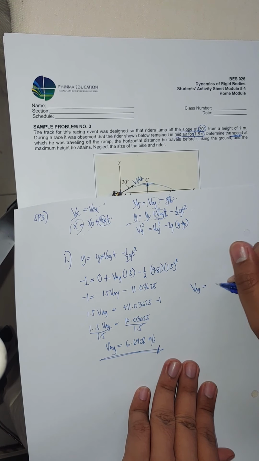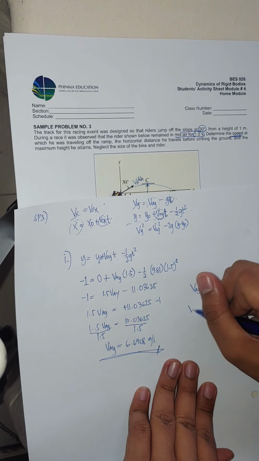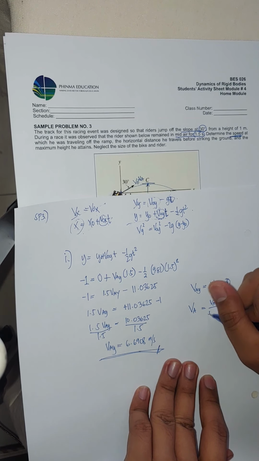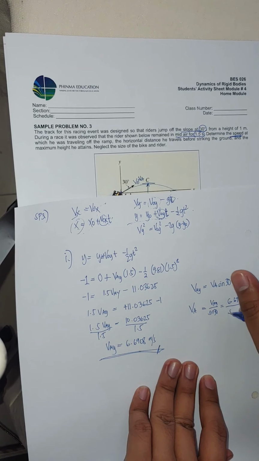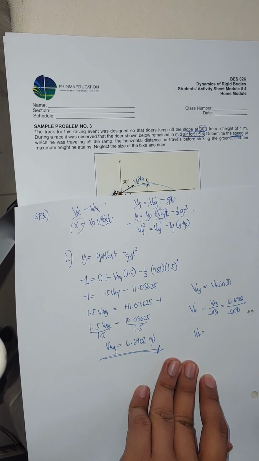VAy is equal to VA, the initial velocity, times the sine of the angle. The angle is 30 degrees. So to solve for the initial velocity, we have VAy over sine 30, which is 6.6908 over sine 30. So our initial speed is 13.3816 meters per second.